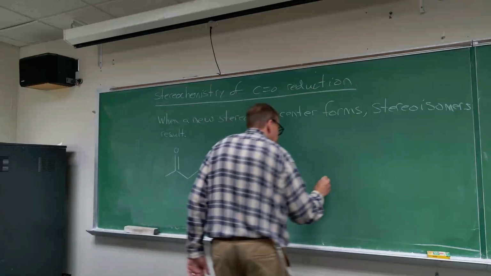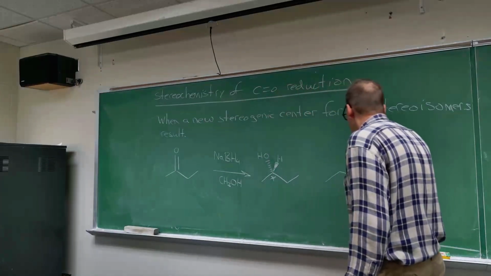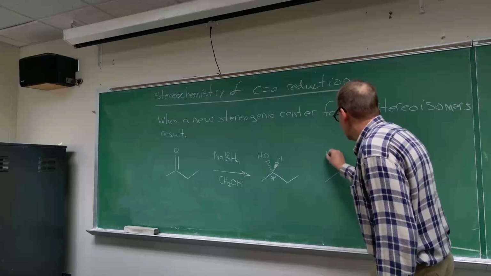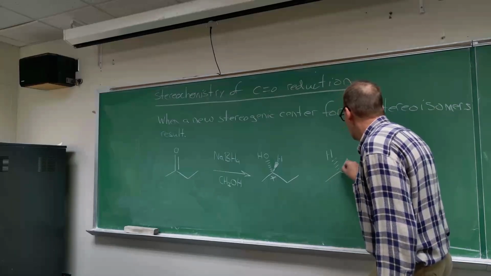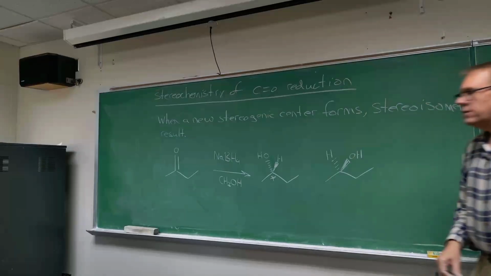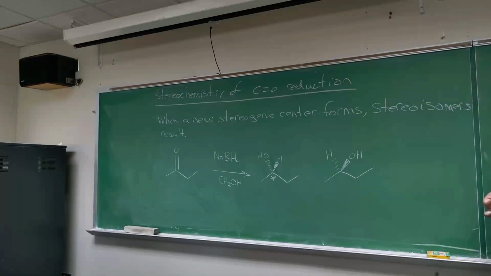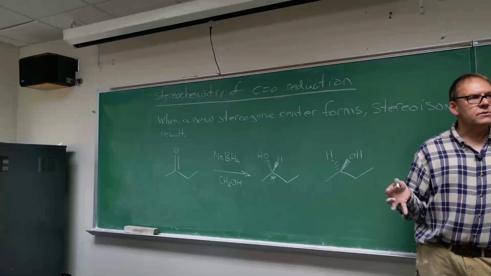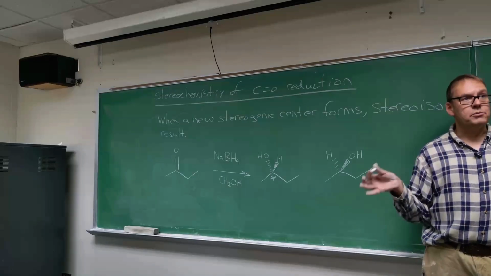The other thing you might get is the other stereochemistry, where it comes in from the backside, in which case the H has a dash bond orientation and the OH is on the wedge. So the big thing is not to forget that, and to look for stereogenic centers forming and then draw both options.